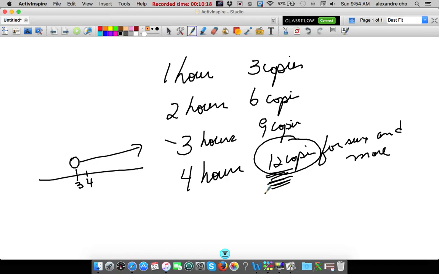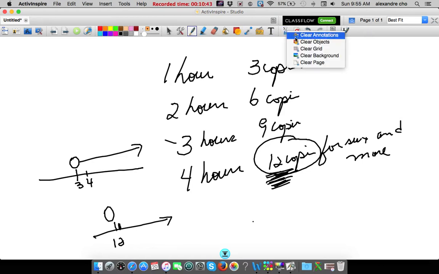B doesn't, C doesn't, and D does. Oh, thank God. D. And it's not shaded in this case because for sure it's more than 12. So it's anything above 12, 12.1, 12.2, whatever it is, it's above 12 for sure. So letter D.